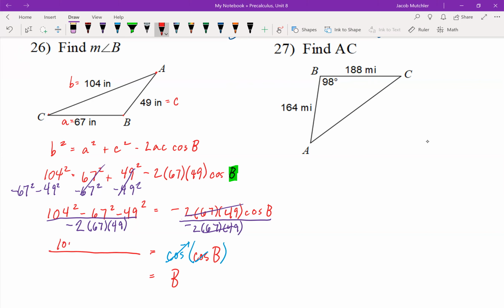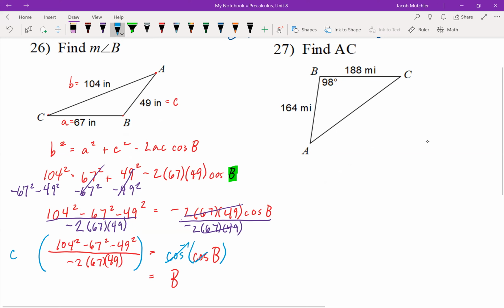So it's 104 squared, so everything's the same, minus 67 squared minus 49 squared, all divided by negative 2 times 67 times 49. And then to actually get the angle B, we're going to apply inverse cosine on the left as well. So that's what I need to type into Desmos.